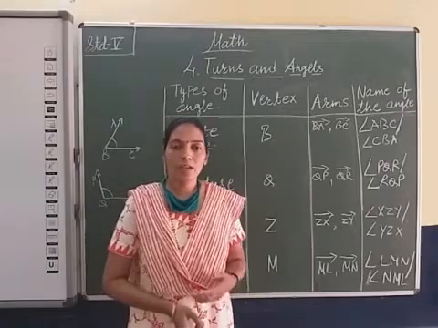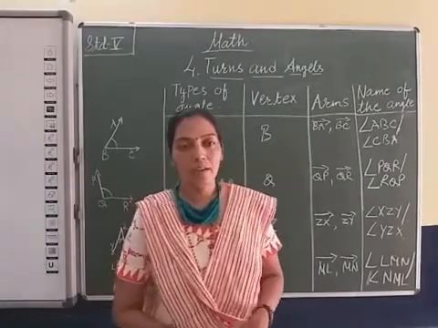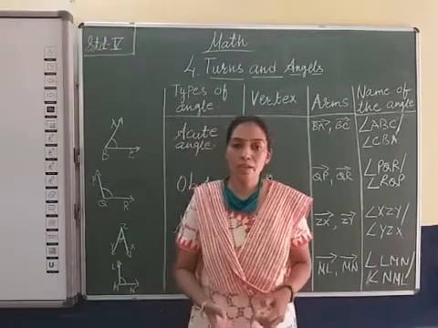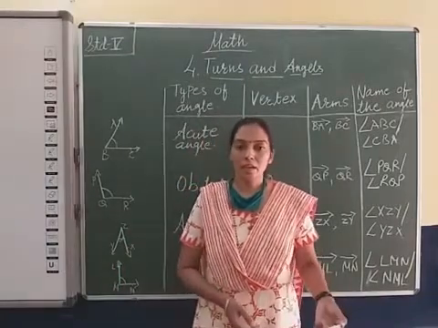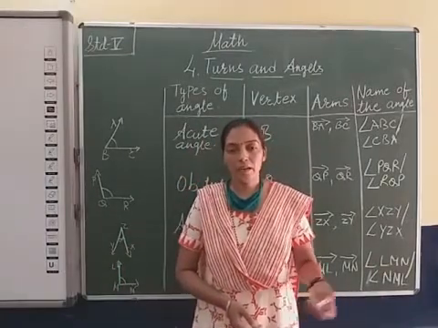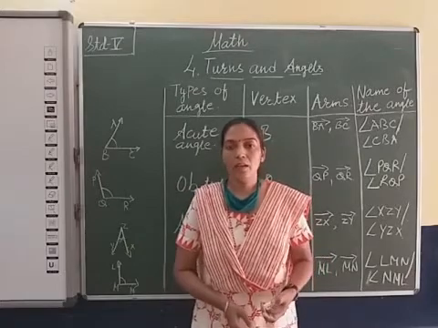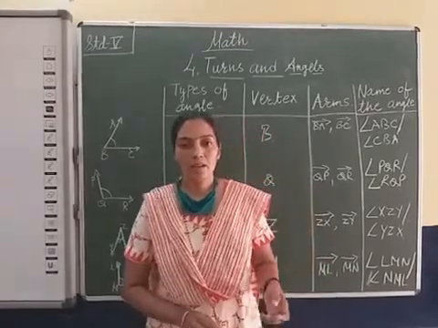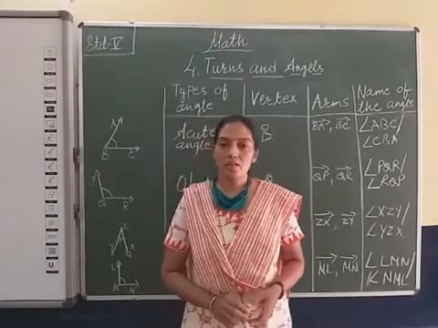So this way we learn the types of angle, then how to measure the angle, and if the measurement is given, we draw an angle. So this way we learn these things in this chapter.